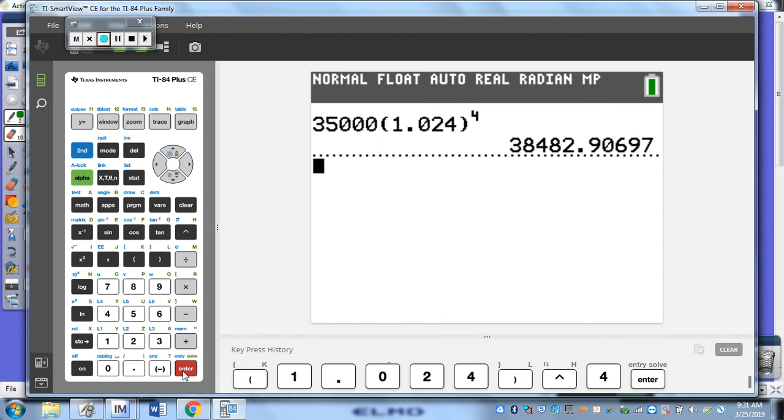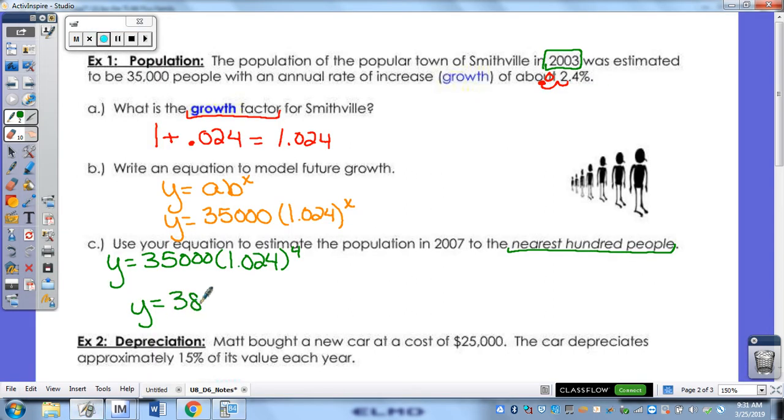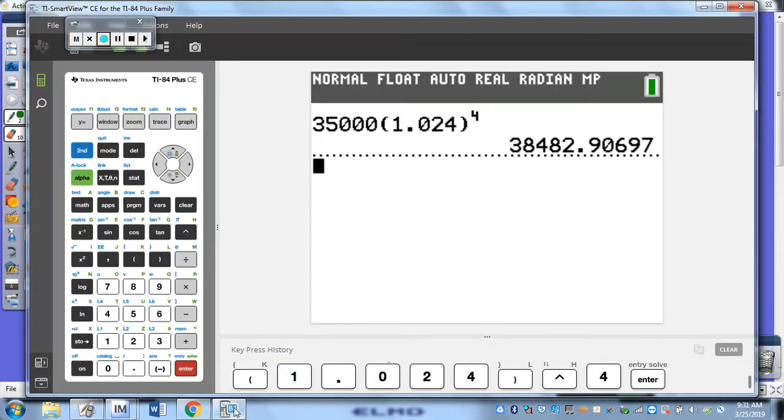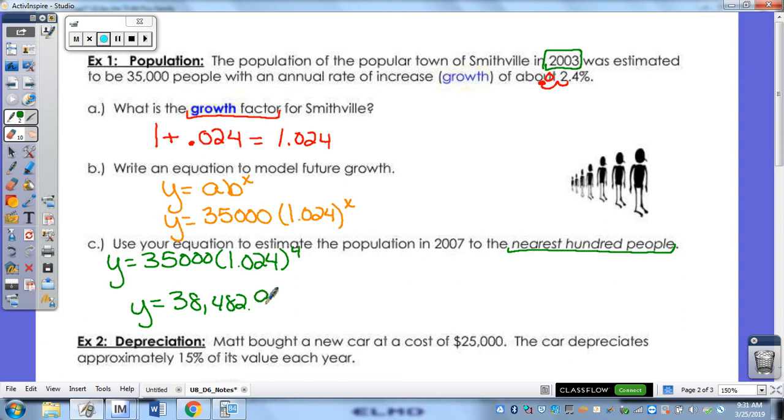All right, so let's write that whole decimal. 38482.90697. So we just have to take care of our rounding. They wanted us to round to the nearest 100 people. Now you have to be careful. We're used to seeing hundredth with that TH at the end, telling us it's 2 numbers after the decimal, but they don't want that this time.